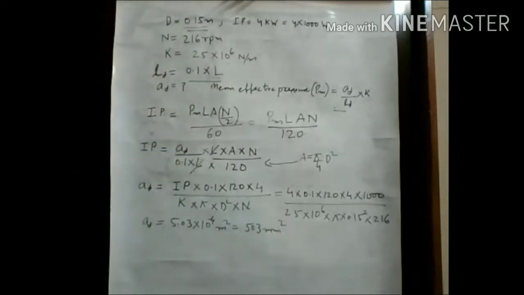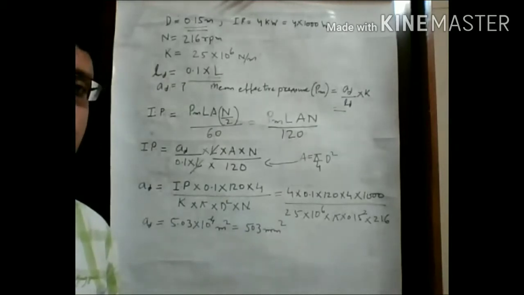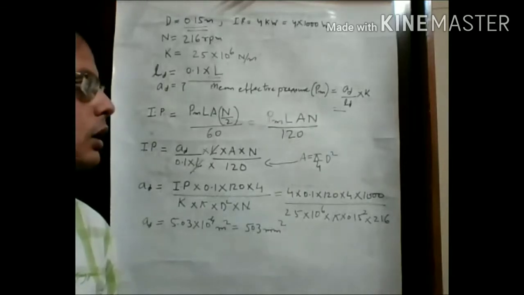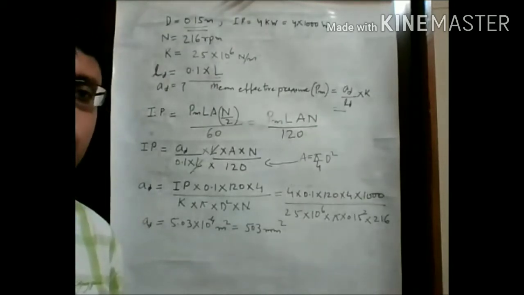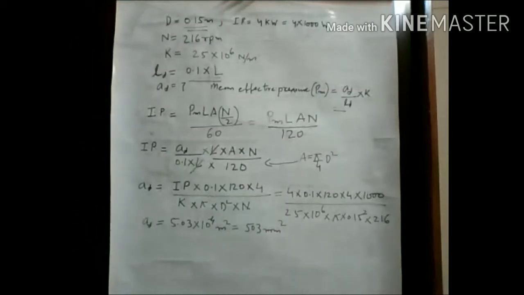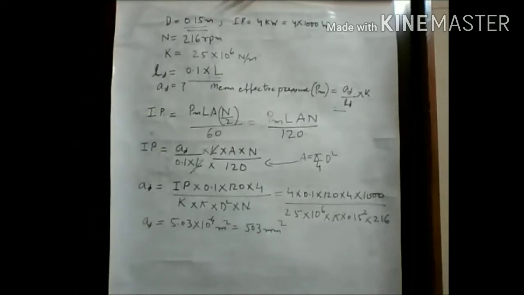So if you have some idea about the expression of this indicating diagram, then you can simply apply all these expressions to a problem related to the indicating diagram, and finally you will get the answer. So this is the application of the indicating diagram in numerical problems. Now we move towards another topic.